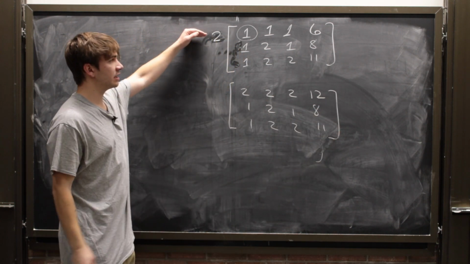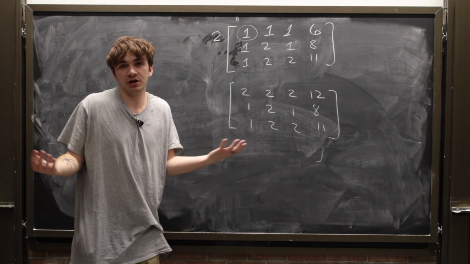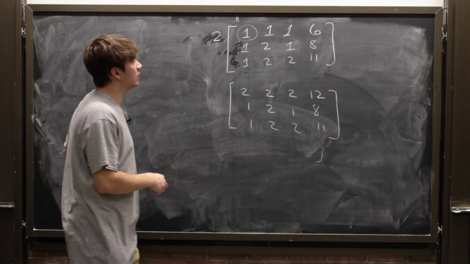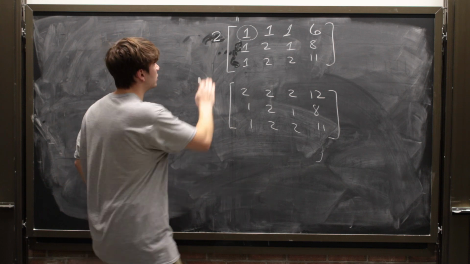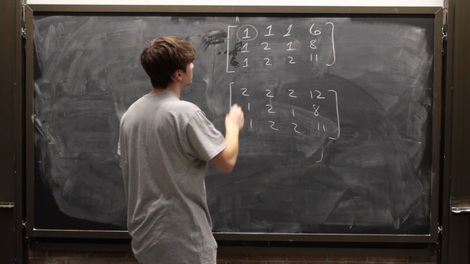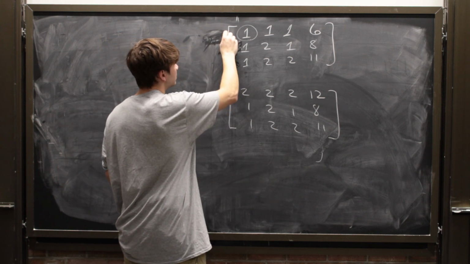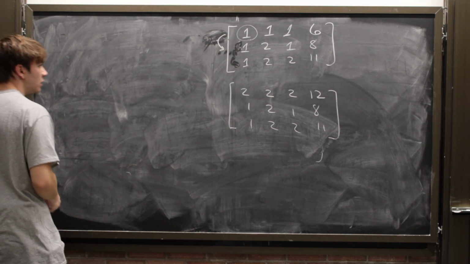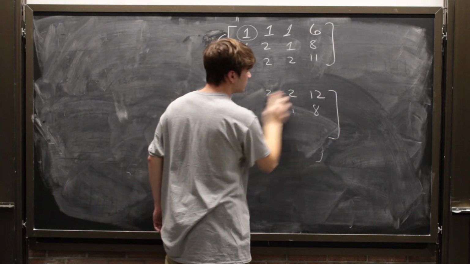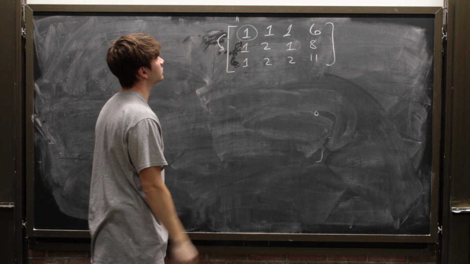So I can multiply rows by a number, which is the same thing as multiplying an equation on both sides by a number. Or I can subtract two equations from each other. Okay? So I could, let's say, subtract this equation from this equation. That just amounts to subtracting rows of this matrix.